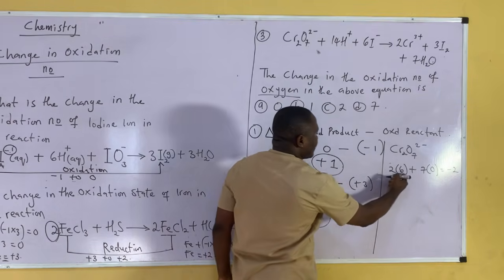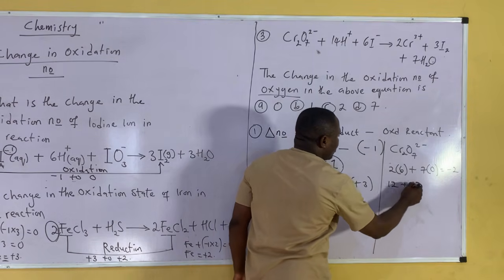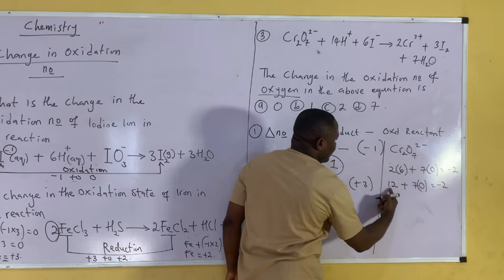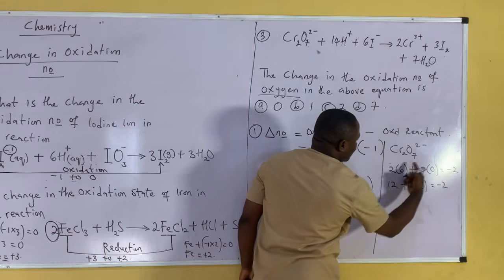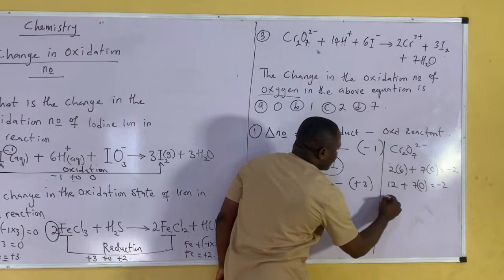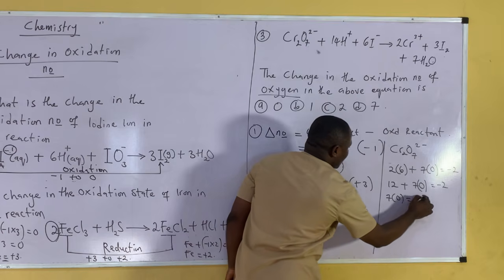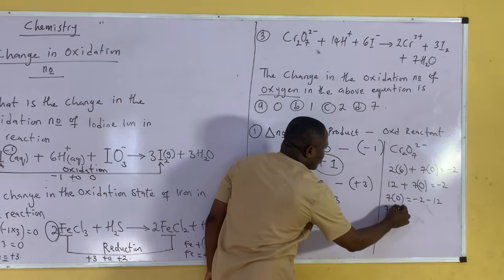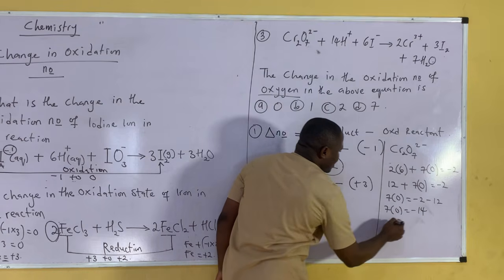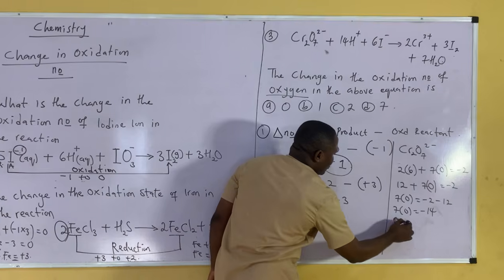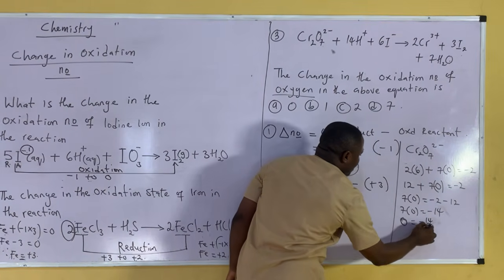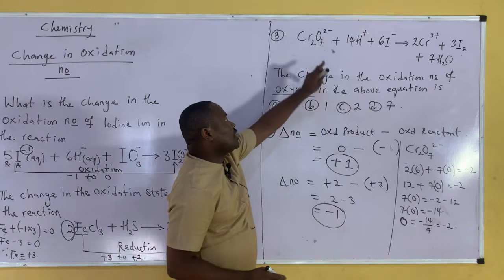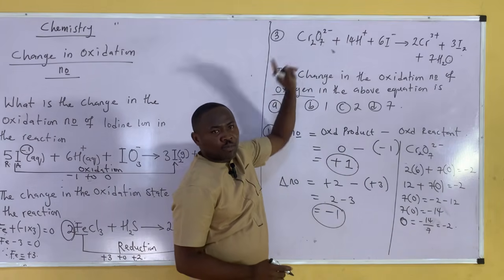So it becomes 2 times 6 is 12 plus 7O is equal to minus 2. So if this goes this way, I will have 7 bracket O is equal to minus 2 minus 12. So I have 7 bracket O is equal to minus 14. Therefore, O as oxygen is equal to minus 14 over 7 equals minus 2. So it means the oxidation number of oxygen in this is minus 2.